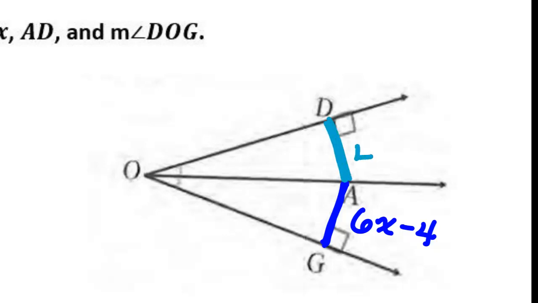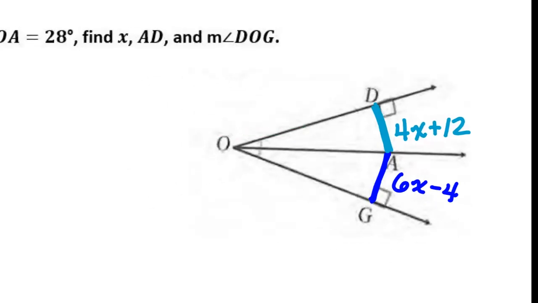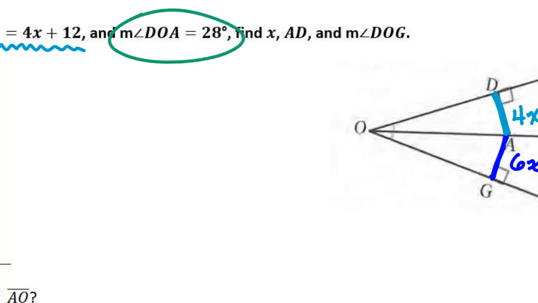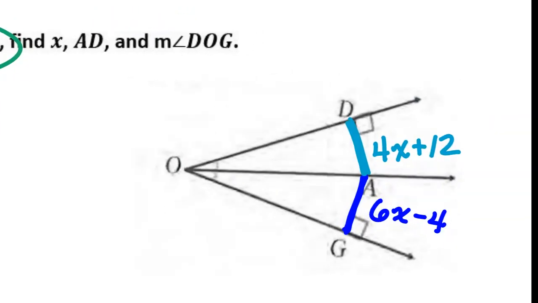Right here. It also says that angle DOA is 28 degrees. So start at D, go to O, and then to A. So here's angle DOA, 28 degrees.